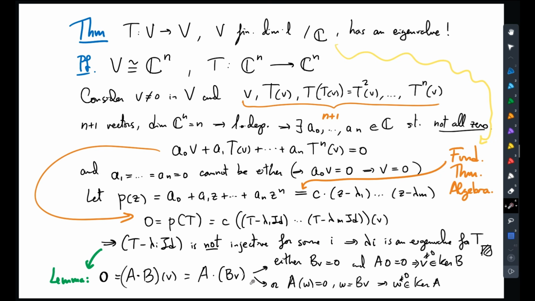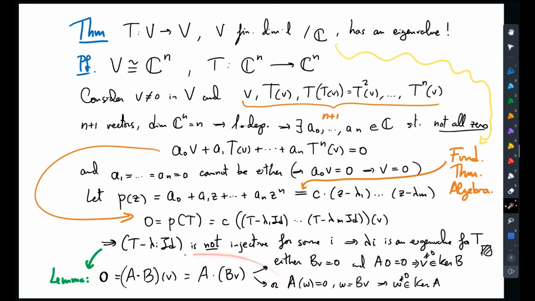Either B v is already 0, in which case B is non-injective, or if B v is non-zero, then I have a vector w, namely B v, such that A applied to w is 0. So in that case, w is in the kernel of A. So either v is in the kernel of B or w is in the kernel of A.